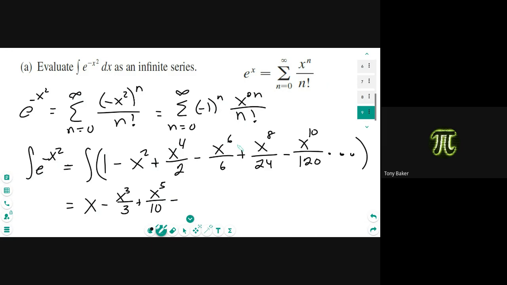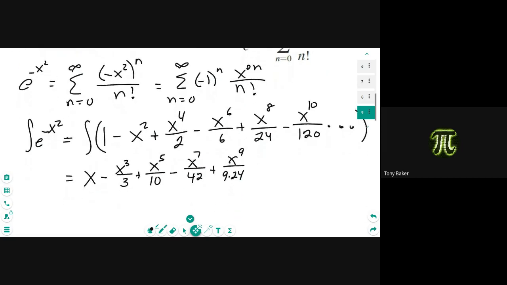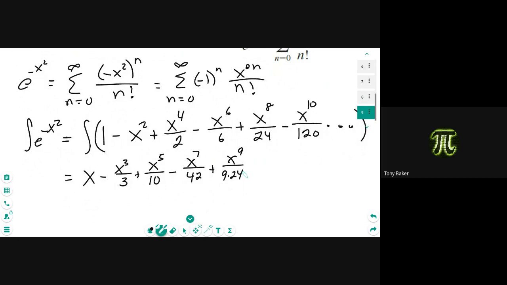Okay, integral of x to the 6th? X to the 7th over 7. X to the 8th over 24? Nine times 24. I'm just going to leave it as 9 times 24. And this next one's going to be 11 times 120.